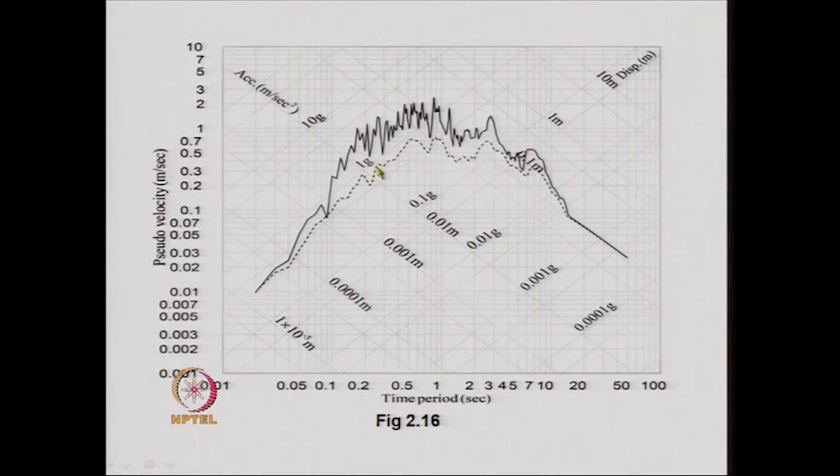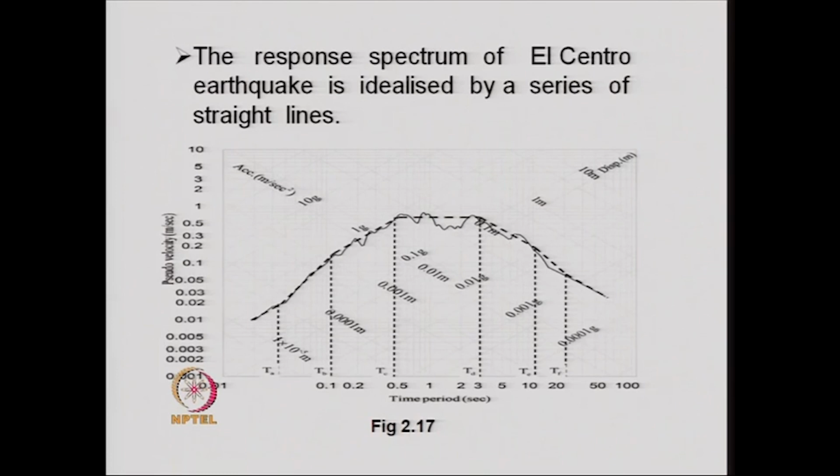So, any particular point reveals three quantities: S a, S v and S d. Therefore, in one single plot we get all three response spectra. So, this is called the tripartite plot of the response spectrum on a special log graph paper.